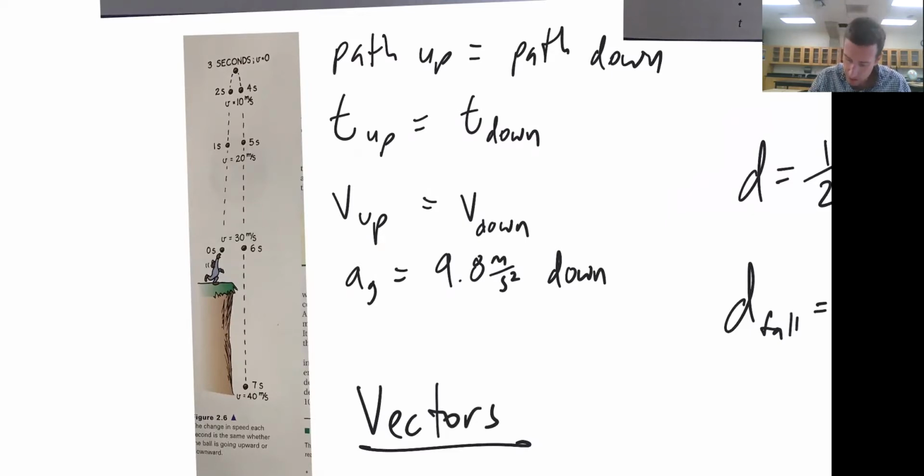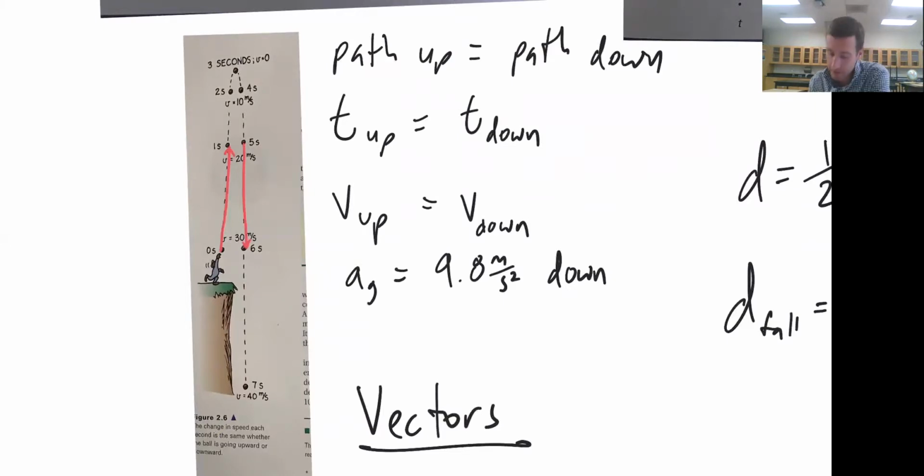This path up right here is equal to this path down right there, right? Up equals down. It also means that the time up is equal to the time down, because the only force acting on it is the force of gravity. So it's up, up, up, stop, down, down, down for an equal amount of time.